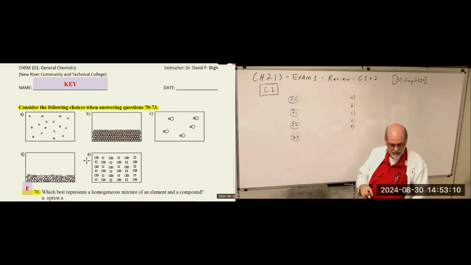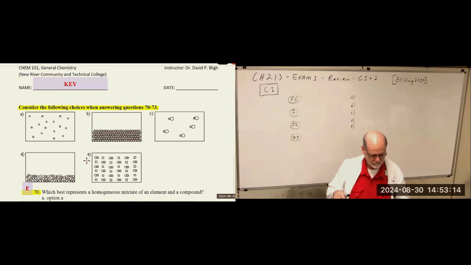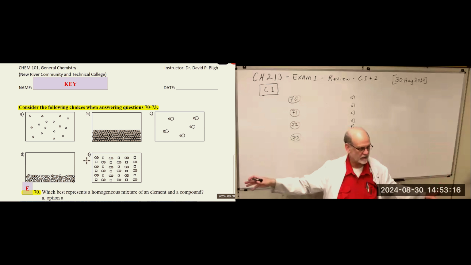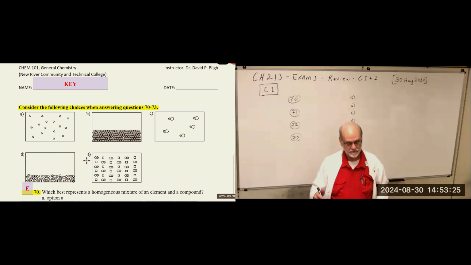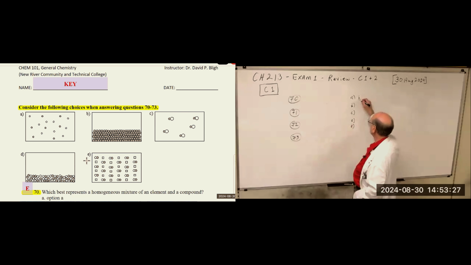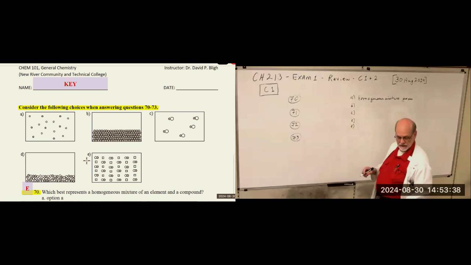All right, A, you've got two different elements in there, and they're spread way apart. That means it's a gas. It also means that it's a mixture, a homogeneous mixture of gases. Okay.